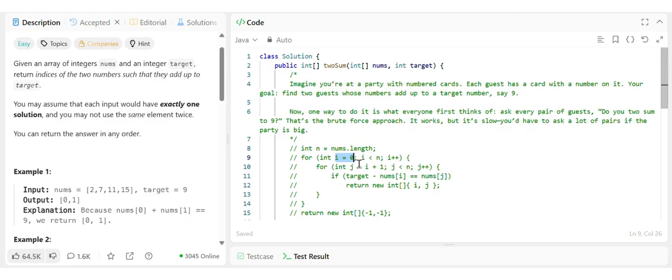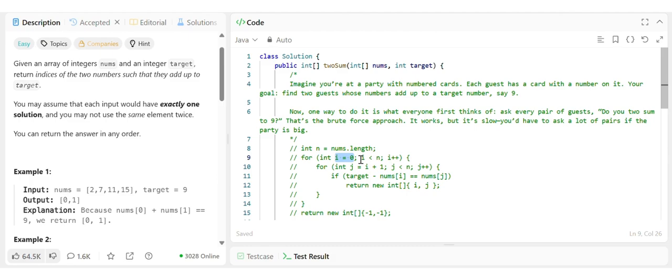We will keep on repeating it until we find that guest 0's number with some other guest's number adds up to the target. If not, then we would make guest 0 stand, and we will then call guest 1 and make him sit at the chair, and then we will repeat the process.